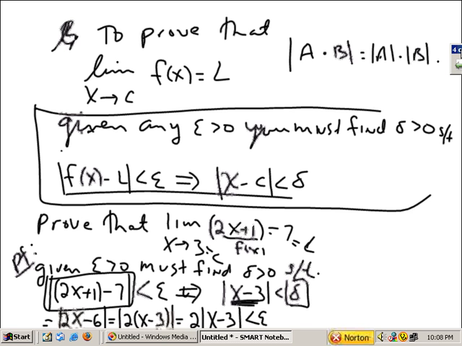Now here it is. This statement right here is equivalent to the absolute value of x minus 3 being less than epsilon over 2.